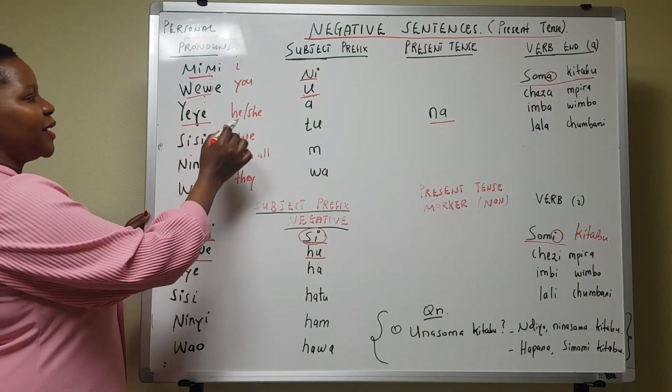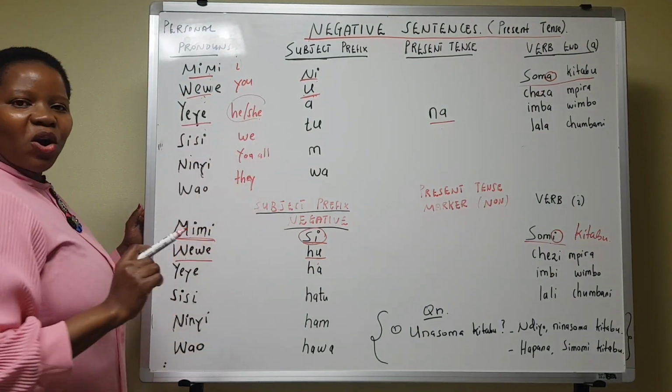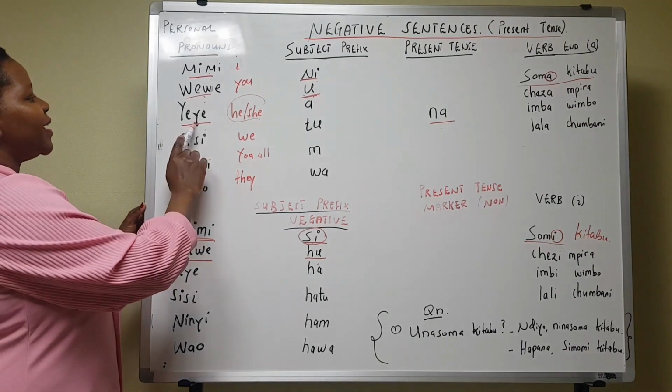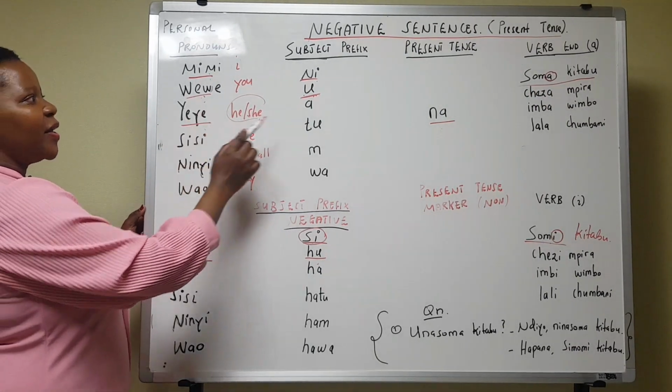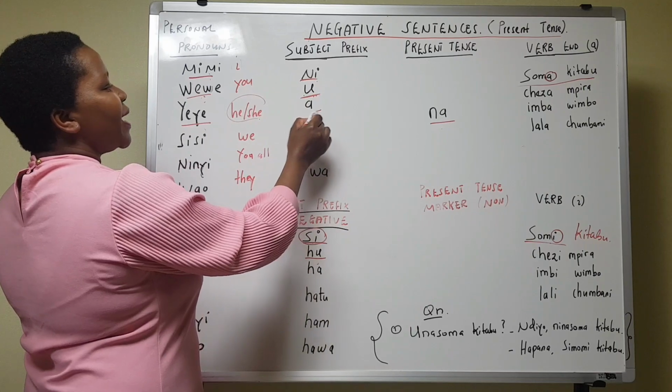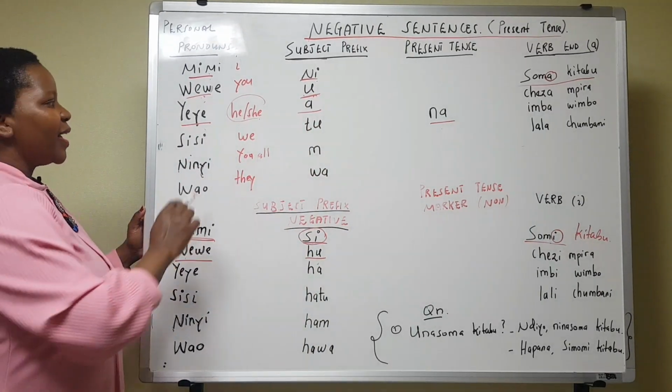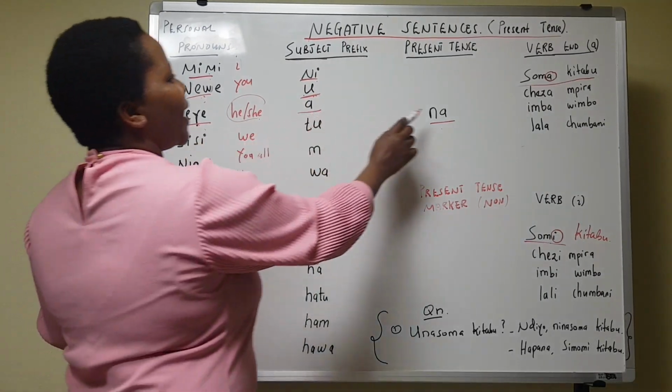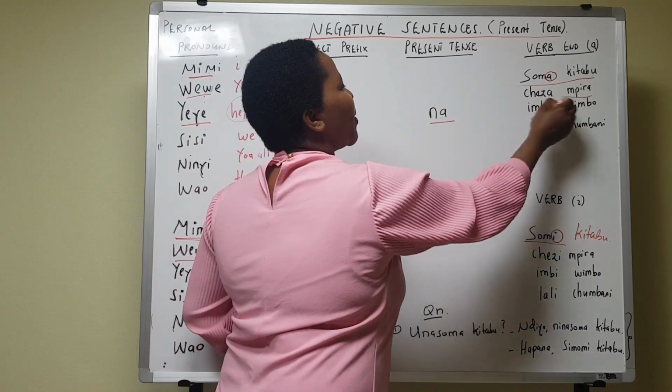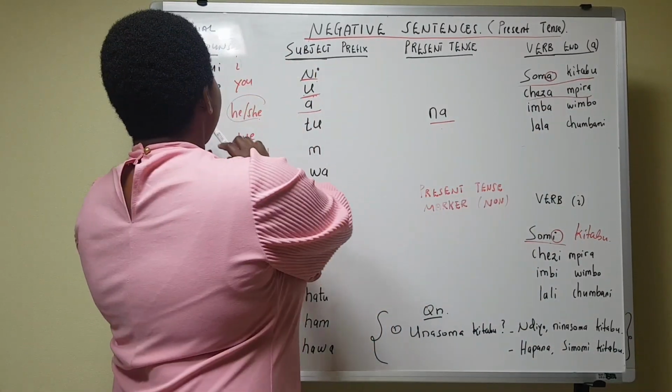Another example is yeye. So yeye means he or she. If you use yeye, the subject prefix will be a. So yeye anacheza mpira.